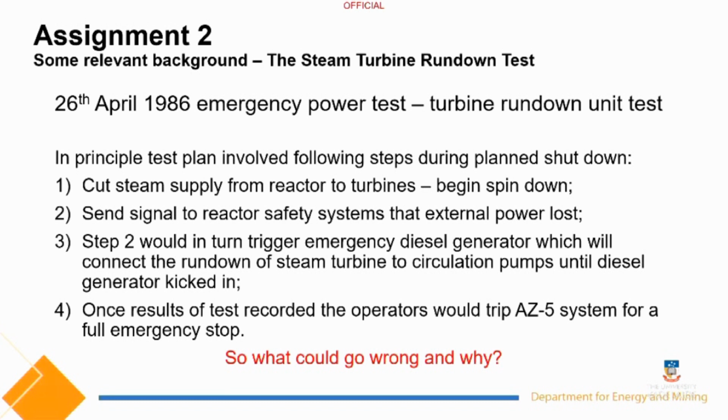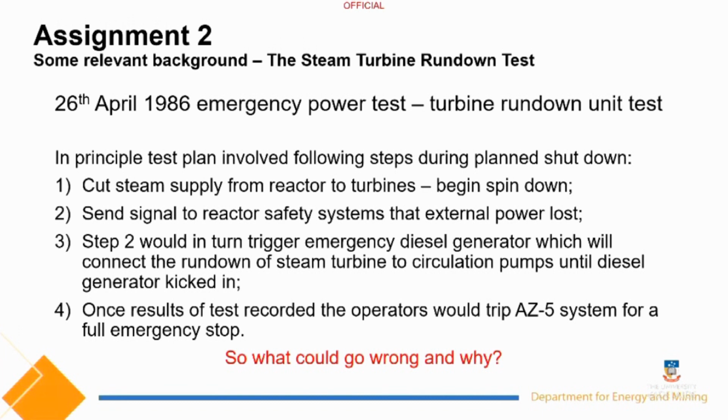You do that while you're shutting a plant down, because that's the safest time, because if anything goes wrong, the plant is shutting down. What you'll find here is that the reactor was shutting down, but then they tried to revive it again because they felt pressure of having to do this test.